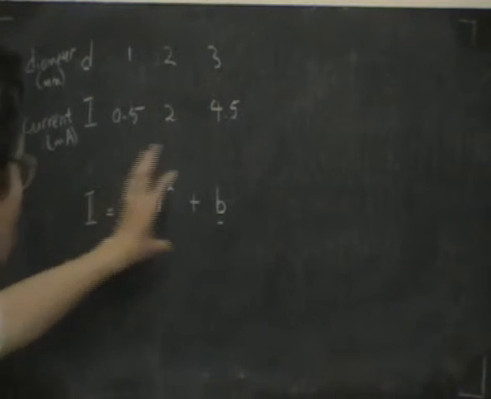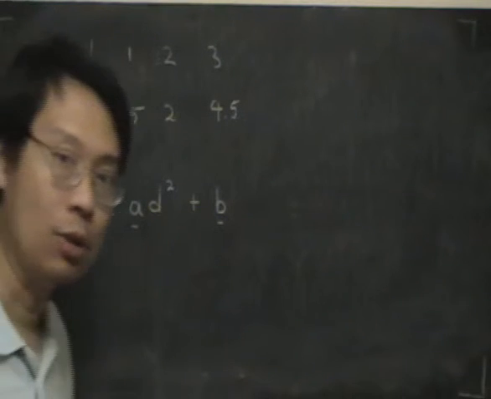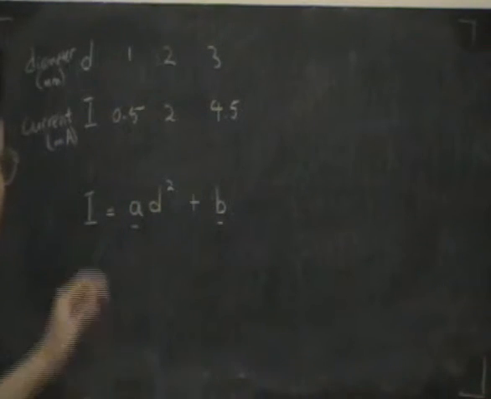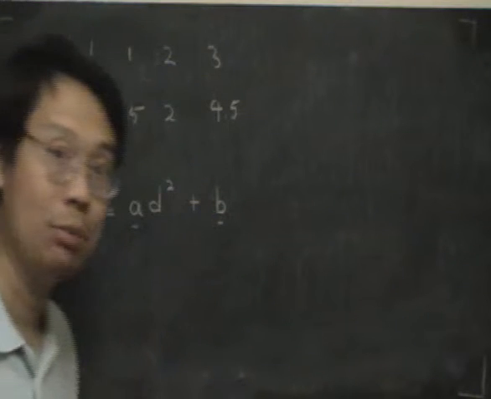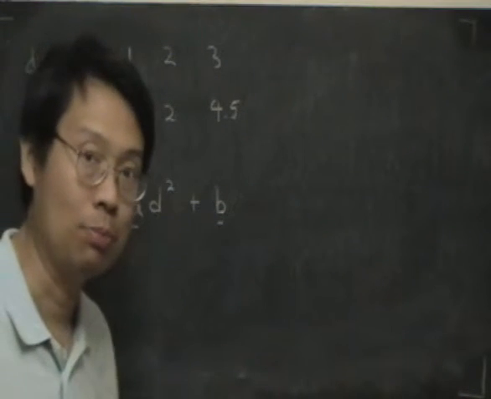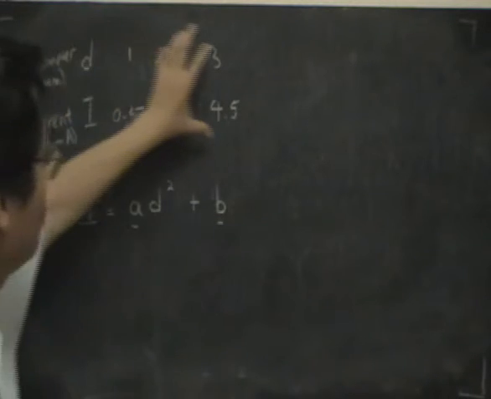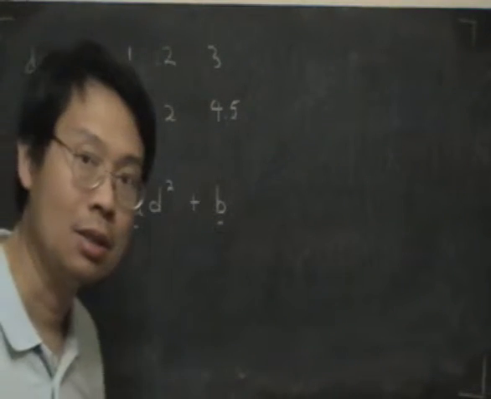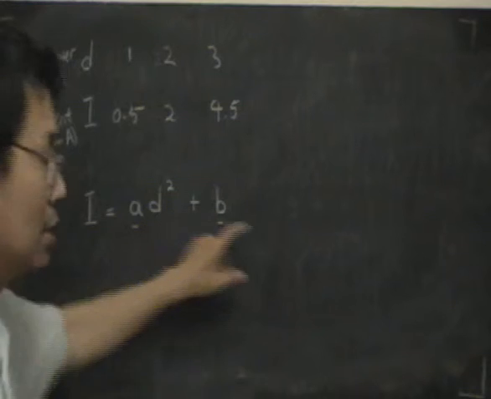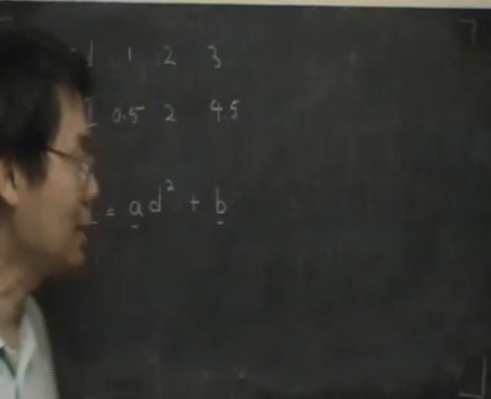So suppose I tell you that the formula looks like this, and that you must find A and B to complete this formula. So how can I make use of these numbers in the table to find the formula, to find A and B?